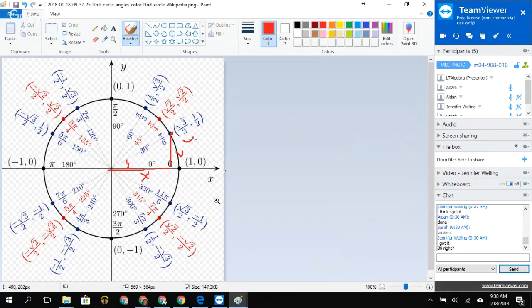So the cosine represents our x value, right? So we want to look for x values that match the square root of 3 over 2. So it looks like when x is 30 degrees, the cosine of 30 degrees is square root of 3 over 2, right?